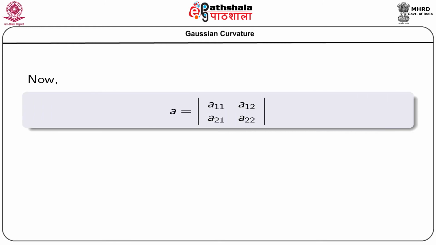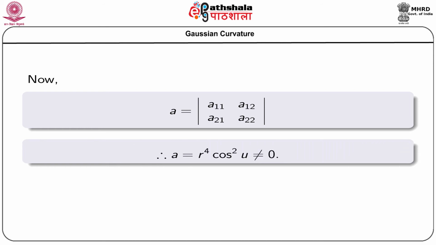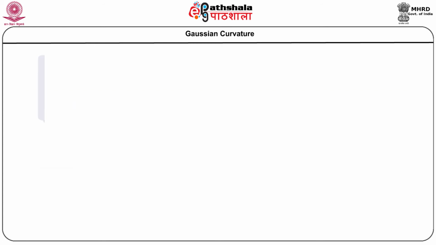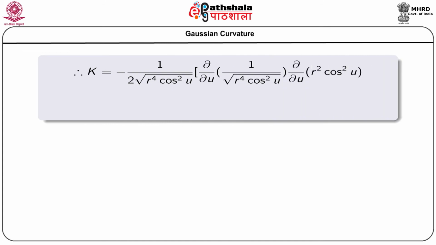And the value of A, which is the determinant of Aij, that means the 2 cross 2 determinant of A11, A12, A21, A22, comes to r to the power 4 cos square u, and this is obviously not equal to 0. So, if we put the values in the formula of that K, we get this form.